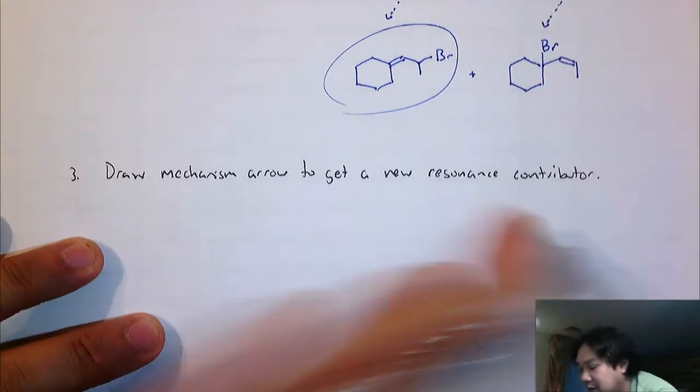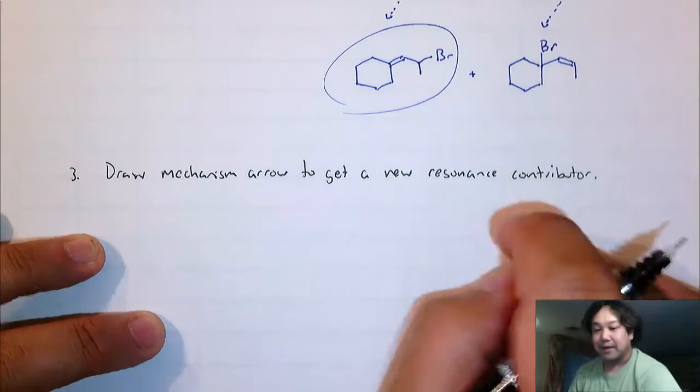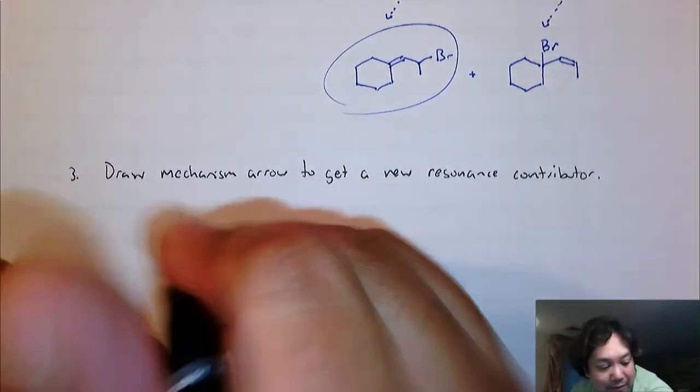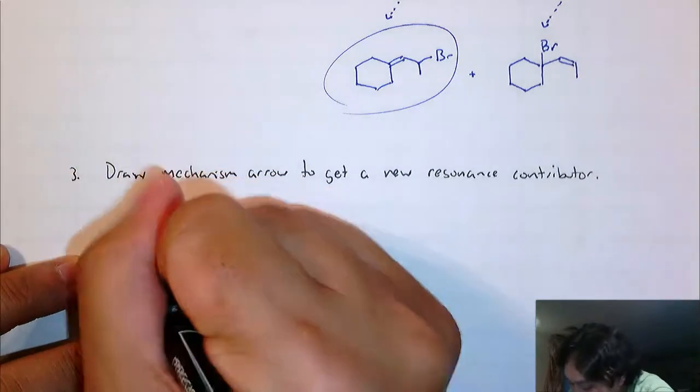And obviously you have to draw not only the mechanism arrows, but also the contributor. Okay. I'm going to give us a pretty interesting one. It's going to be benzylic.